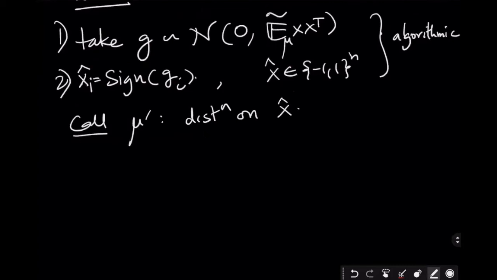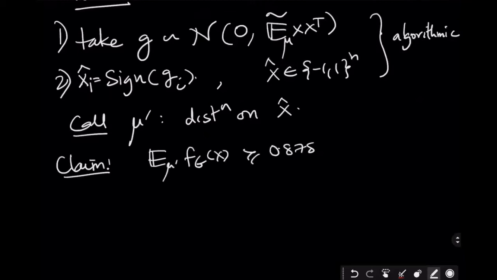Okay, and we're going to prove that this particular choice of mu prime satisfies the property we wanted. So we claim: E mu prime of FG x is at least 0.878 of E tilde mu of FG x.